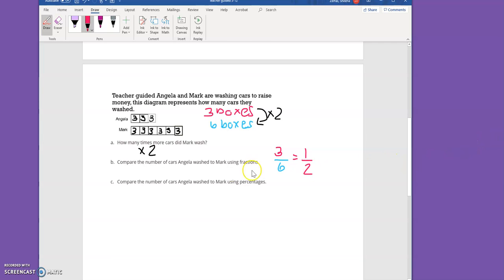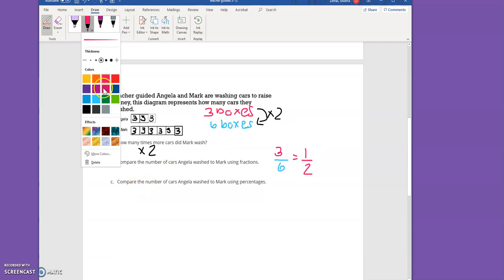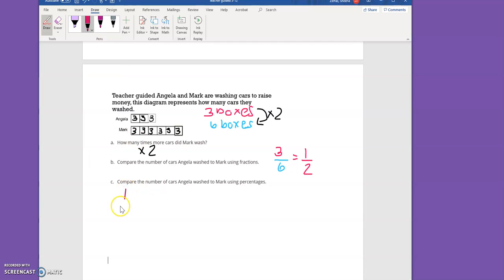Then in part C, when we're asked to compare them with a percent, we're going to take the fraction amount that we had in part B. The comparison is 1 to 2. To get that to its percentage form, we're making that equivalent to a fraction out of 100, because percents are always out of 100.